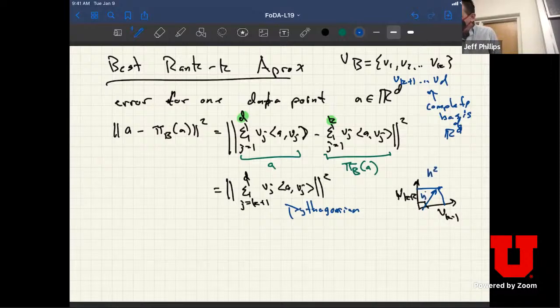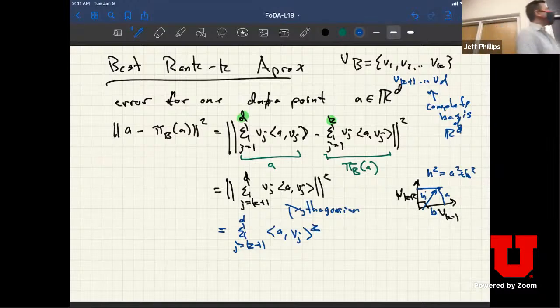So I have h squared equals a squared plus b squared, and I can do this for d minus k terms. So I can get that this is equal to the sum from j equals k plus 1 up to d of the dot product of A with vj, squared.